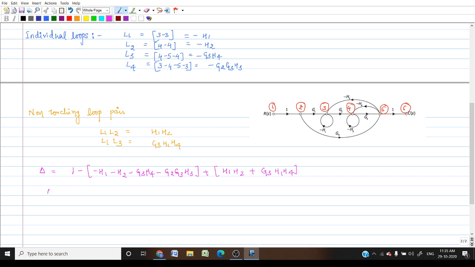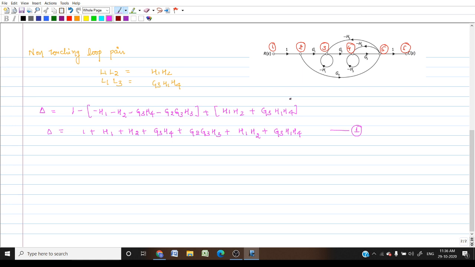When I simplify this, the delta equation will be 1 plus H1 plus H2 plus G3 H4 plus G2 G3 H3 plus H1 H2 plus G3 H1 H4. This becomes my delta value. And we can see that there are no non-touching loop triplets.